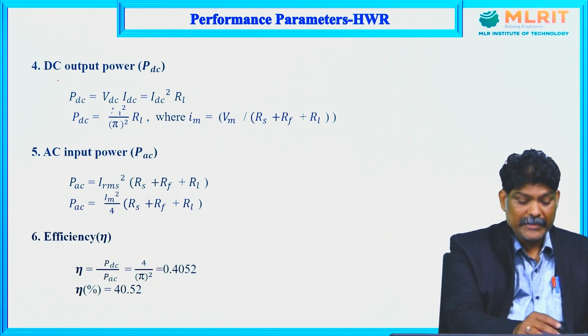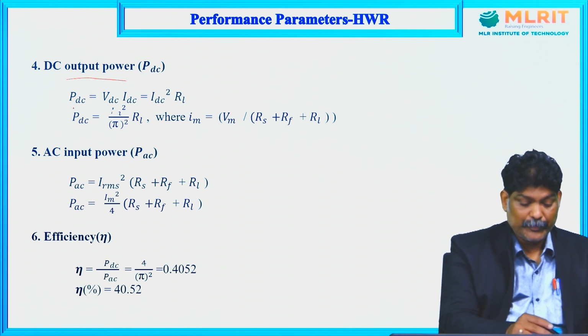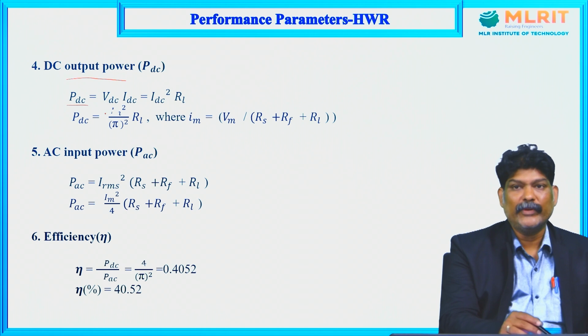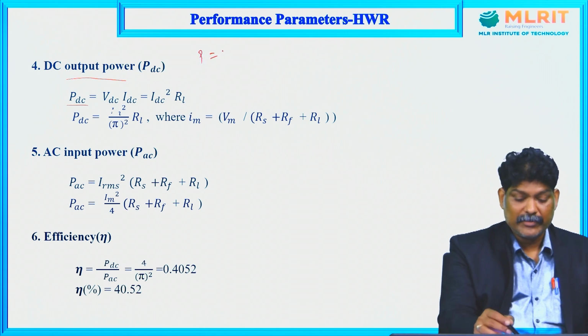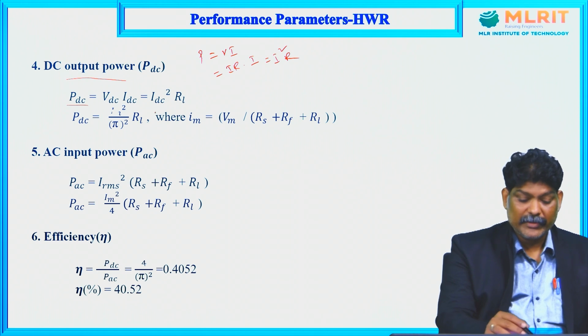The next parameter is DC output power. PDC, we know the formula is V into I. Power is equal to VI, or you can also write V is equal to IR, so I into I, that's I square R. We can write it in different ways. Here PDC means IDC square into RL.